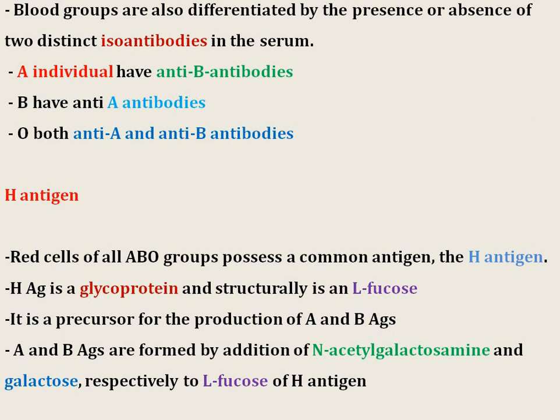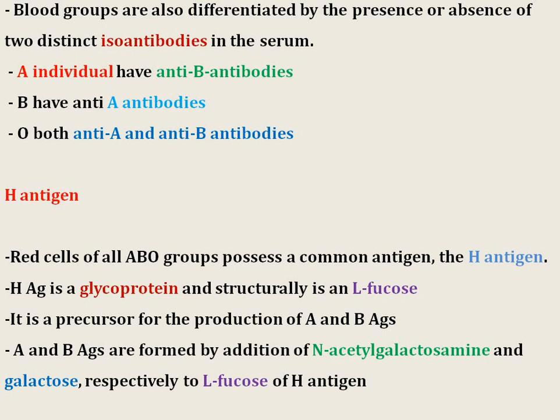The blood groups are also differentiated by the presence or absence of two distinct isoantibodies in the serum. A individuals have anti-B antibody. If a person has A antigen on their red cells, they have anti-B antibodies in their blood.